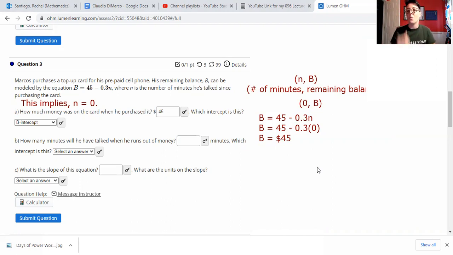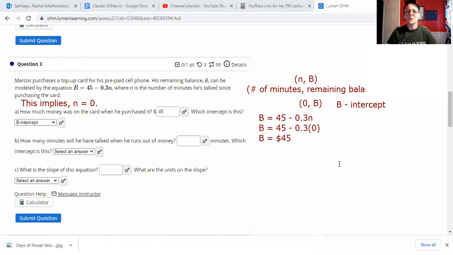You're somewhere on the Y-axis. So when you zero out that one particular variable and you have a value for the other, you found its intercept. So this one right here would be referred to as the B intercept. It may be helpful to write that next to that particular ordered pair. That is our B intercept.